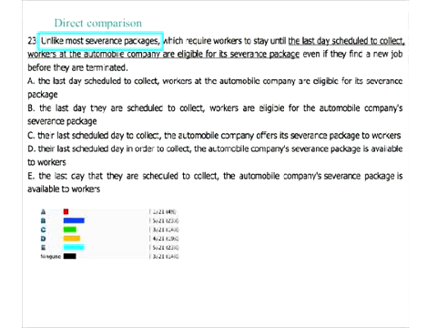So what is unlike most severance packages? Text box, please. What is the comparison actually with? Yeah, it only makes sense if it's another severance package. So it only makes sense if the other thing is also some type of severance package.